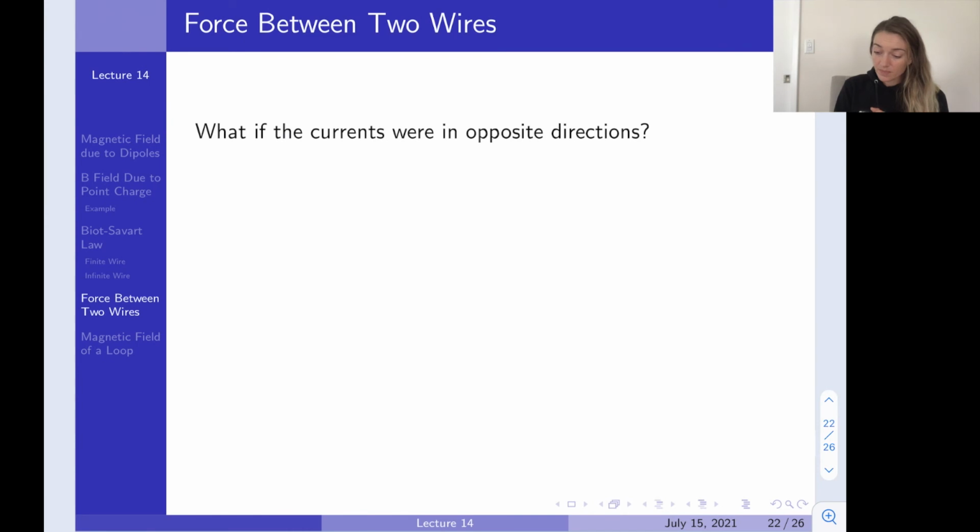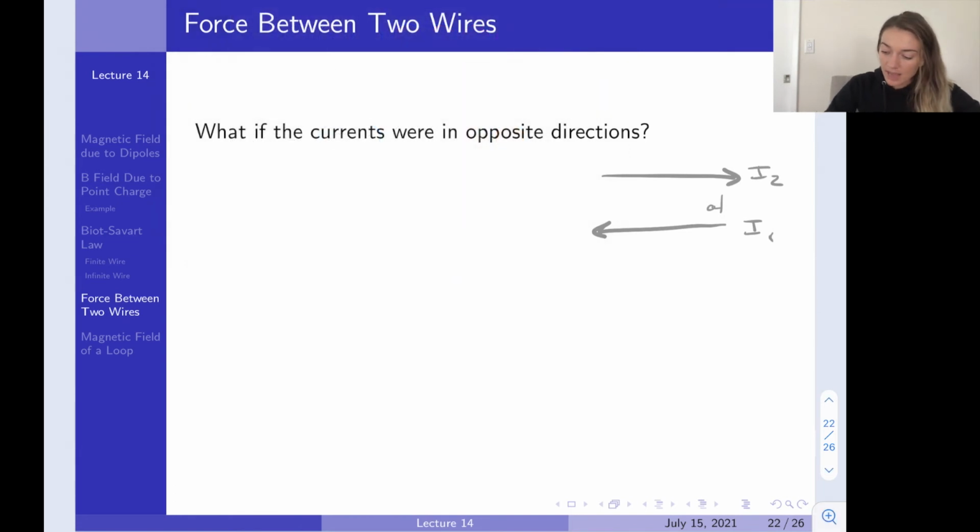So what if the currents now were in opposite directions? So what if my currents now, I had I2 here, and then I1 going in the opposite direction. There's still a distance a apart. So now I'm going to rewrite my equations.